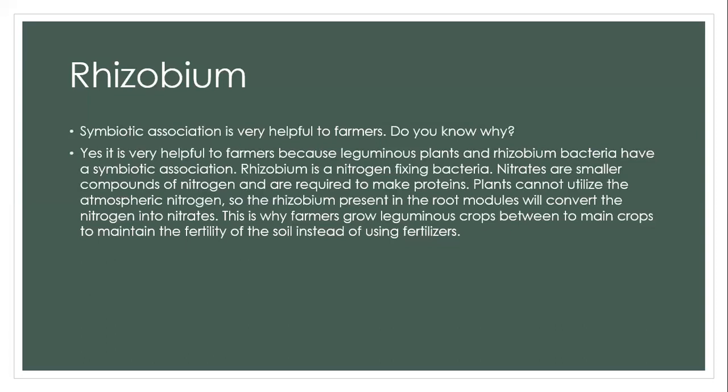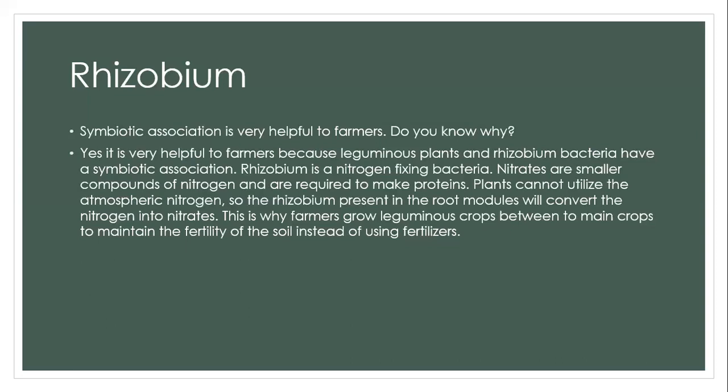If not, then please go watch it. In the symbiotic relationship, Rhizobium bacteria are present in the root nodules of leguminous plants. Rhizobium converts atmospheric nitrogen into nitrates. Plants cannot absorb atmospheric nitrogen. They need nitrates. Nitrates are smaller compounds of nitrogen.